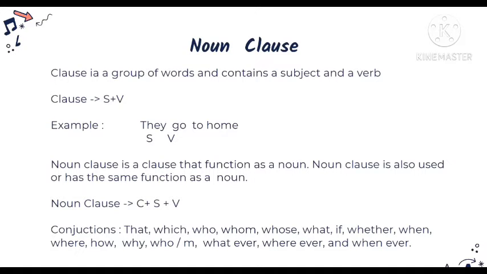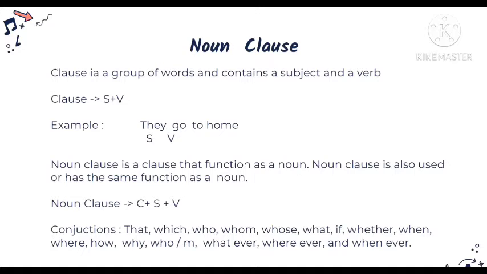And noun clause. What is a noun clause? A noun clause is a clause that functions as a noun. A noun clause is also used or has the same function as a noun. The pattern is conjunction plus subject plus verb.